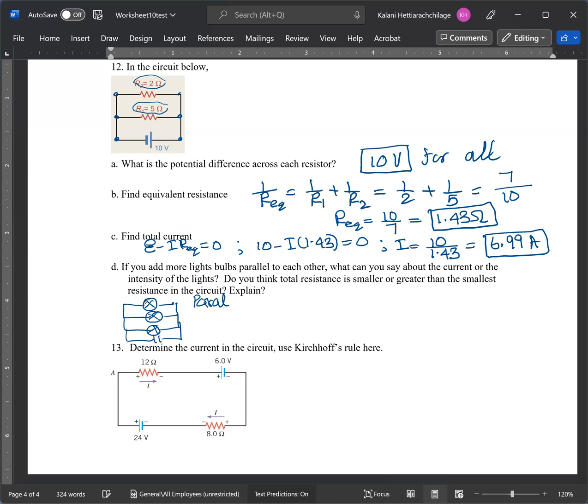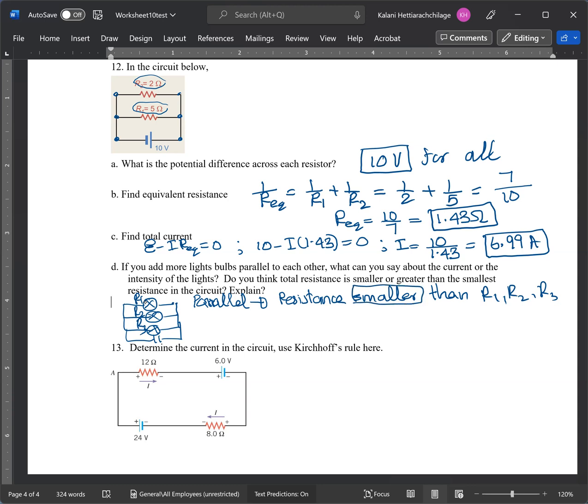Resistance will be smaller than all of them, R1, R2, all the parallel resistors will be smaller than all of them.